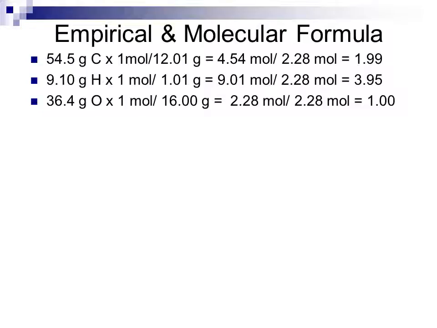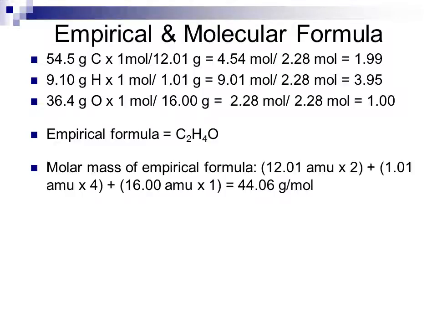If I calculate moles using their molar masses, I wind up with 4.54 moles for carbon, 9.01 moles for hydrogen, and 2.28 moles for oxygen. Dividing them by the smallest number, 2.28, I get ratios of 1.99 to 3.95 to 1.00, which are 2 to 4 to 1. This yields an empirical formula of C2H4O.